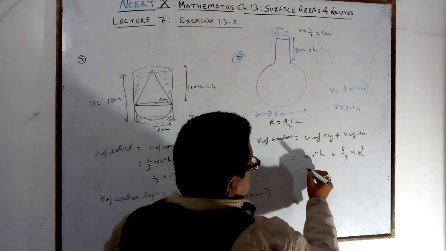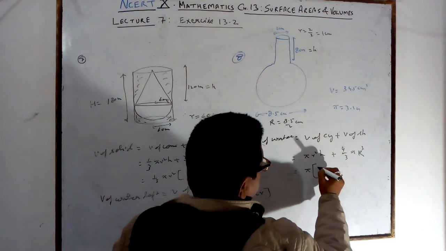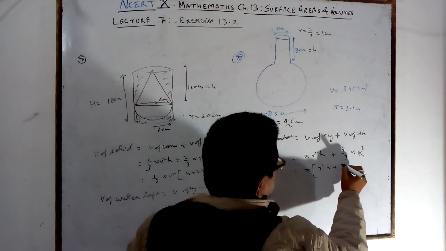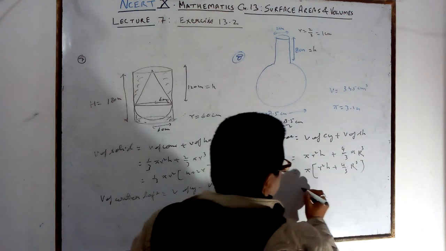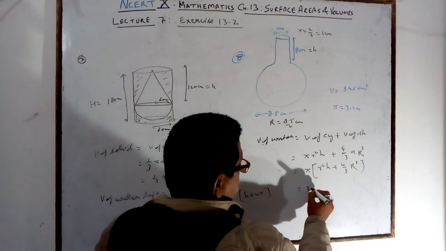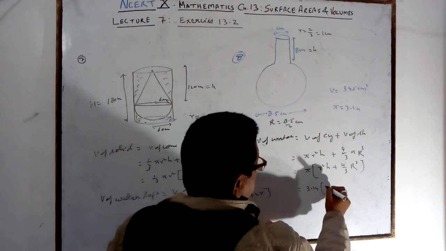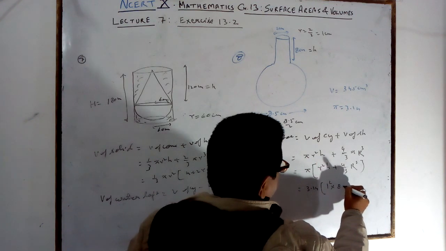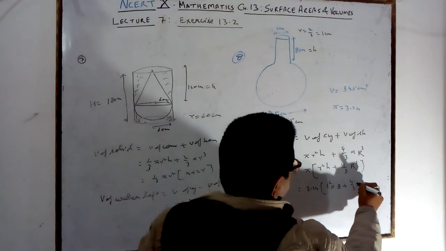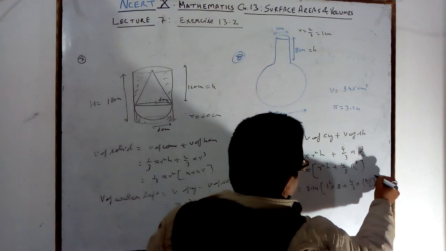Pi is common, so you take pi common: r square h plus 4 by 3 capital R cube. Pi is 3.14, r square means 1 square into h, 8, plus 4 by 3 into 8.5 by 2 cube.